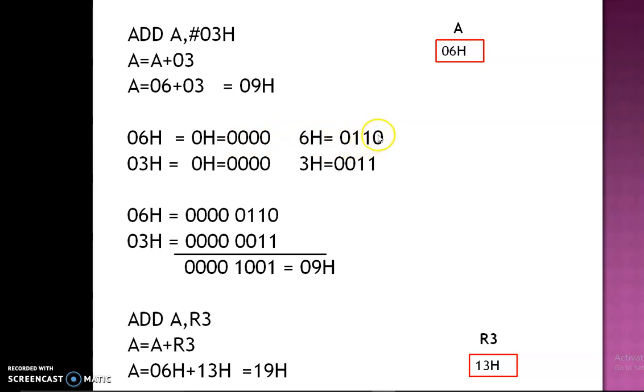So this is the ones place, this is the twos place, this is the fours place, this is the 8s place. I think you know the binary values, the binary places. It starts from 1, 2, 4, 8, 16, 32 like that. So take one number and convert it into 4 binary bits. Then 06H means you will get 1 byte like this. 03H means you will get 1 byte like this.